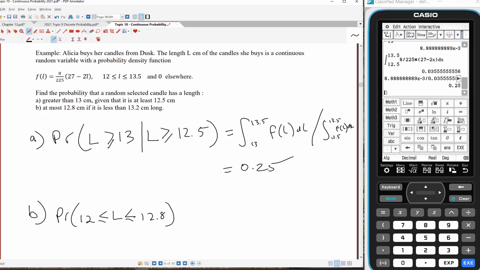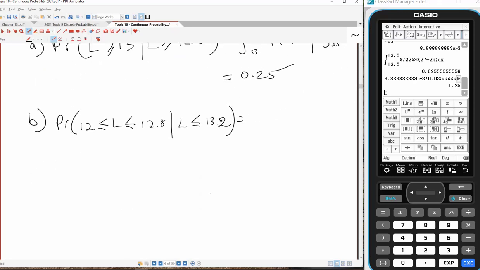That means at most 12.8, so it can vary from 12 to 12.8. Given that it is less than 13.2, so L less than or equal to 13.2, or again, reminder that that can just be less than.